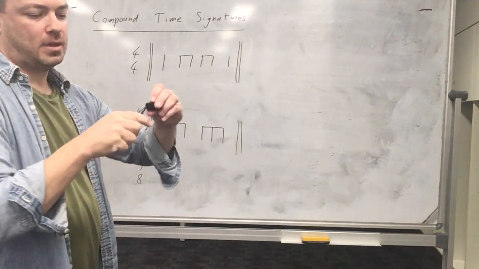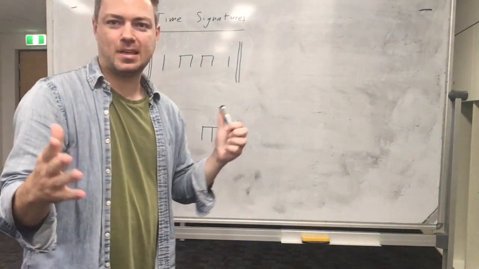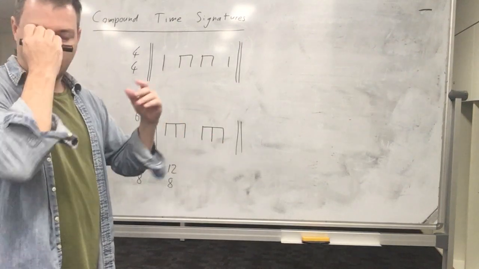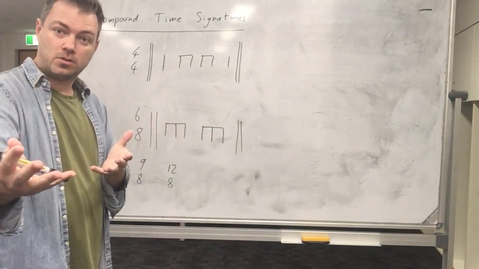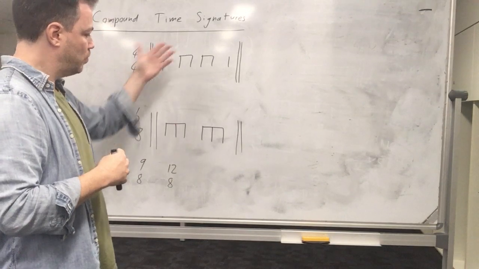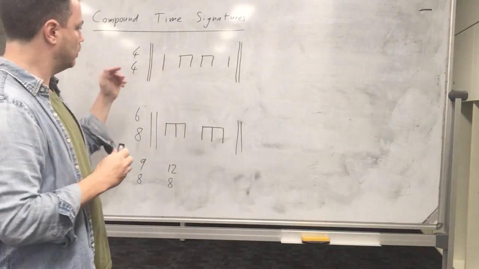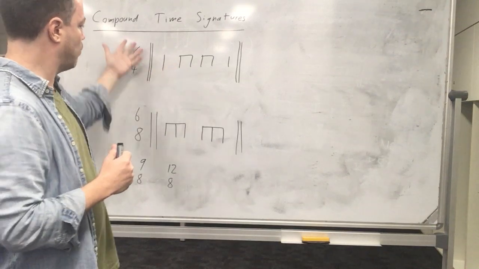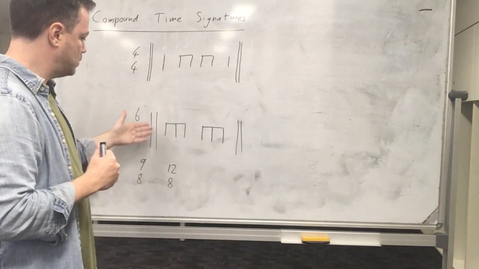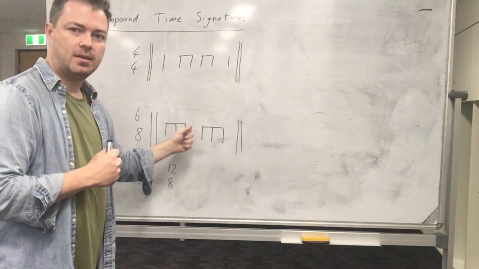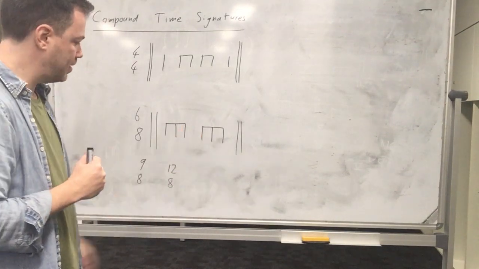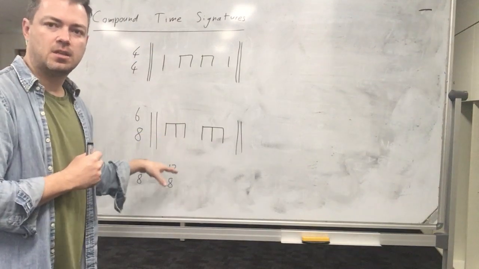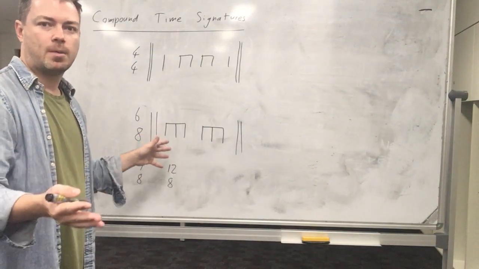There are probably examples where these rules could be broken, but on the whole, and certainly what we do in class here, this is how it will be grouped. You will have 2 quavers like that for 4/4, whereas you will see 3 quavers like that in 6/8, 9/8 or 12/8.